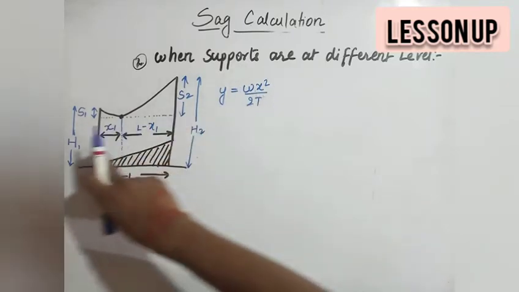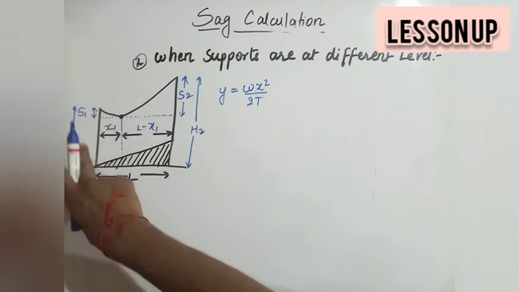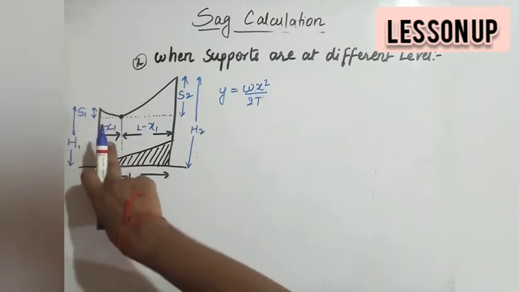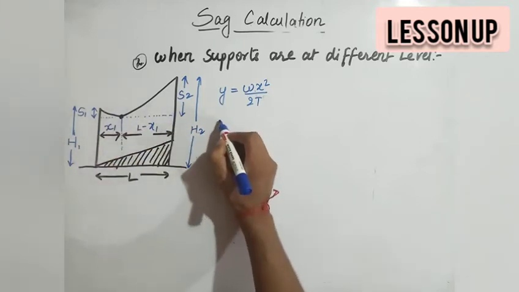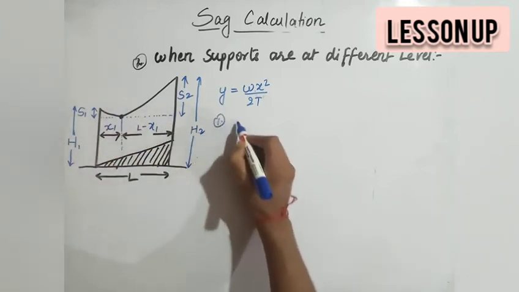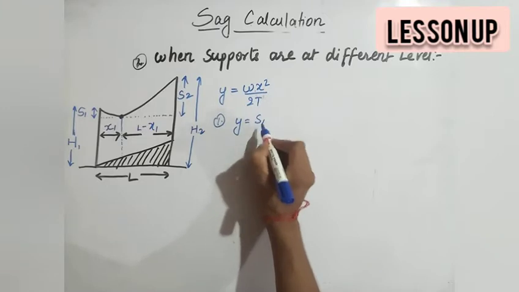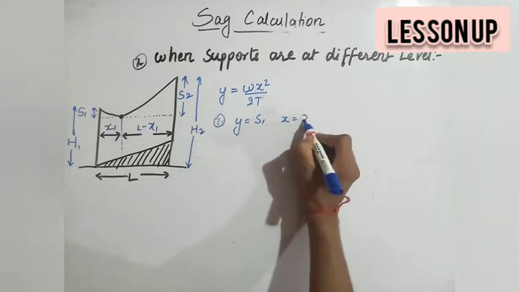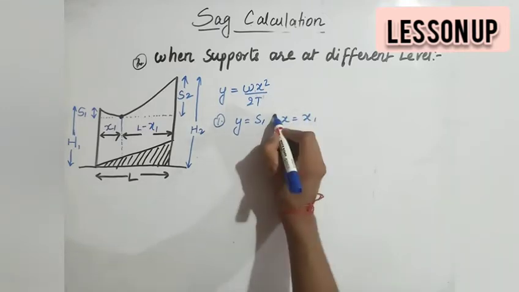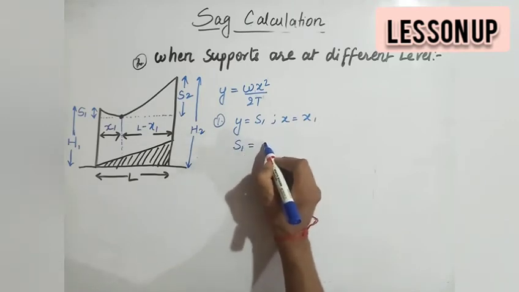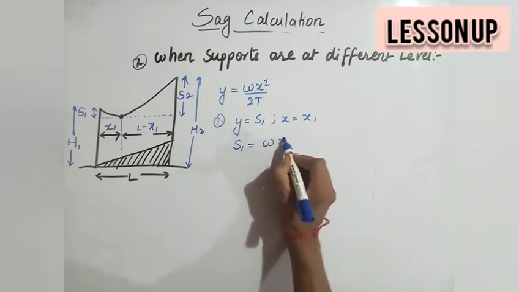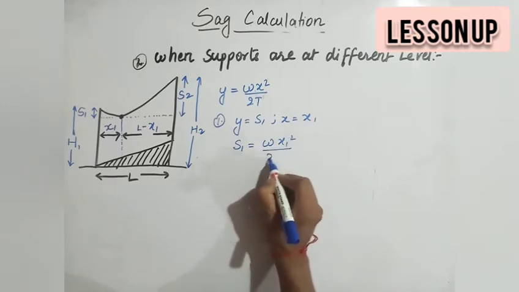So for the first support, y is s1 and x is x1. So we will put it here. For the first support, y is s1 and x is x1. So we will get s1 is equal to W x1 square divided by 2t.